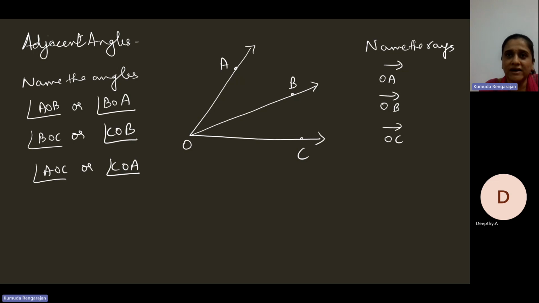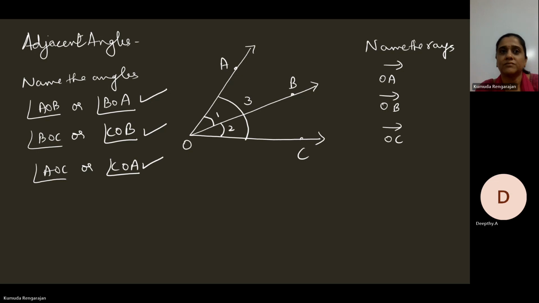Can you see any other angle here? This is angle 1, this is angle 2, and this whole thing is angle 3. We have only 3 angles here. Angle 1 is angle AOB or BOA. Angle 2 is angle BOC or COB. And angle 3 is angle AOC or COA. So in this figure, you can see only 3 angles.